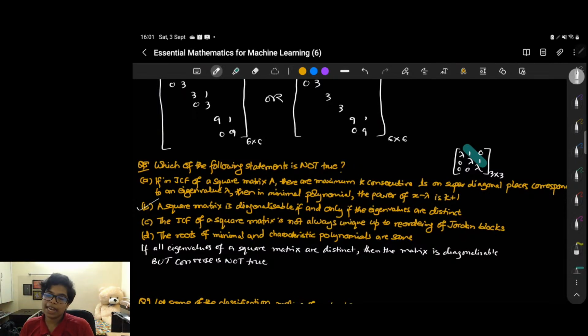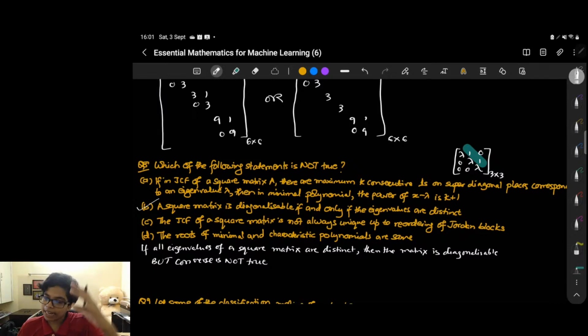Why? Because you can have a case in which you have eigenvalues which are repeated. Suppose we have one eigenvalue which is repeated twice, so the eigenvalues are not distinct. But if that eigenvalue has a geometric multiplicity of 2, that is, it is repeated 2 times, but it also gives you 2 linearly independent eigenvectors, then you can definitely diagonalize the matrix.